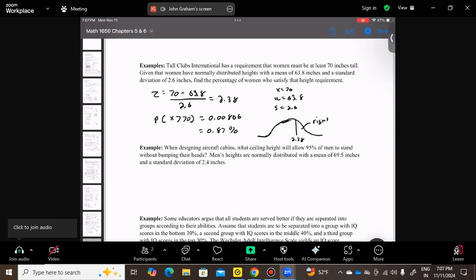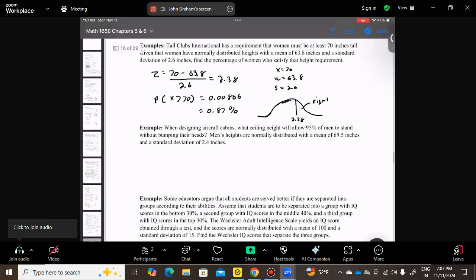All right, when designing aircraft cabins, what ceiling height will allow 95% of men to stand without bumping their heads? Men's heights are normally distributed with a mean of 69.5 inches and a standard deviation of 2.4. All right, so this is one where we gotta work backwards.